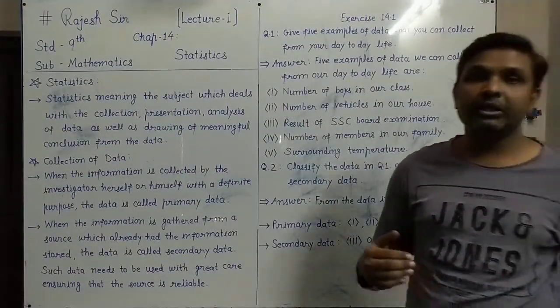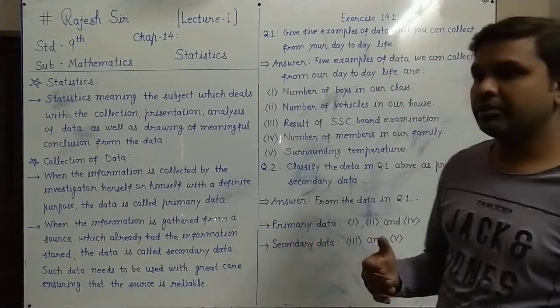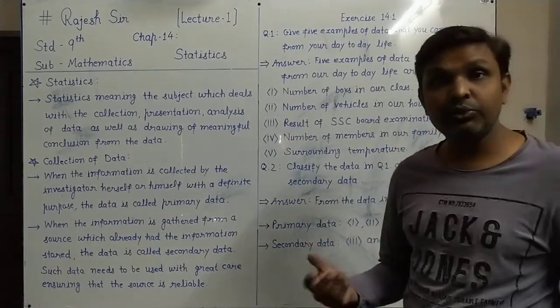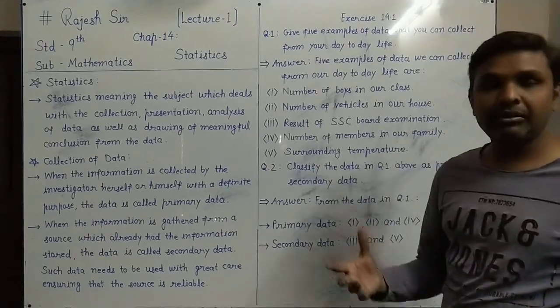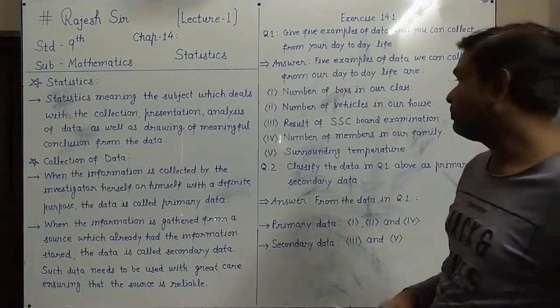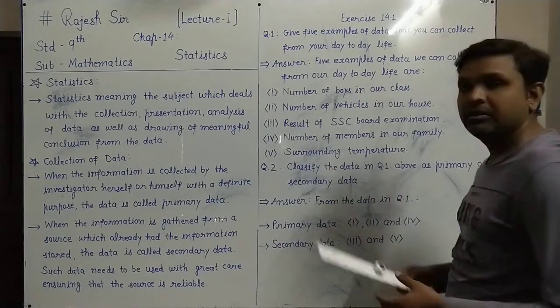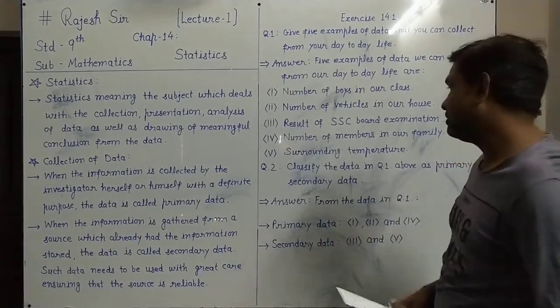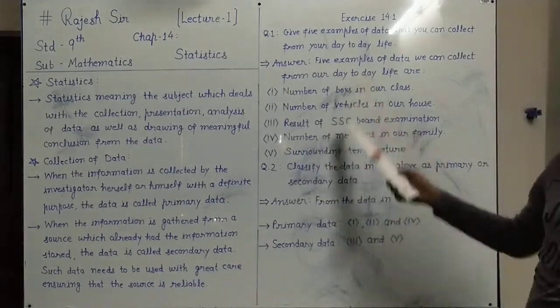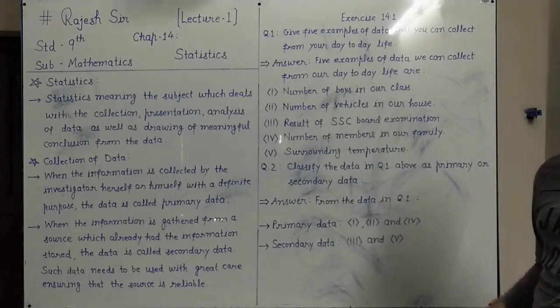This information can be obtained from the newspaper as well as from the TV news channels, or from the mobile network. From some apps you can understand what the surrounding temperature is. Now, these 5 data we have collected from our day-to-day life.